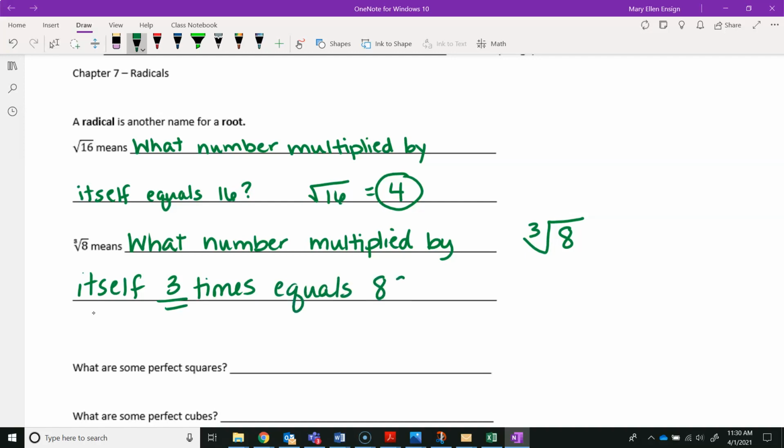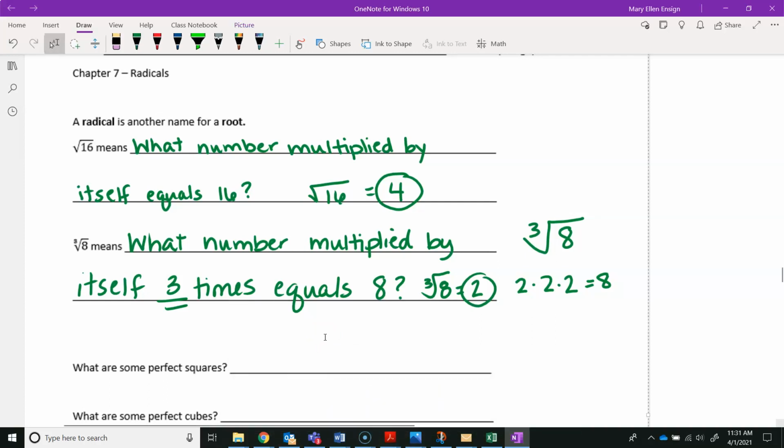So it doesn't mean what multiplied by 3 is 8. It means what multiplied by itself 3 times equals 8. So if we think about this one, 2 times 2 times 2 is going to equal 8. 2 times 2 is 4. 4 times 2 is 8. So again, the cube root of 8 is going to be just the plain old number 2.